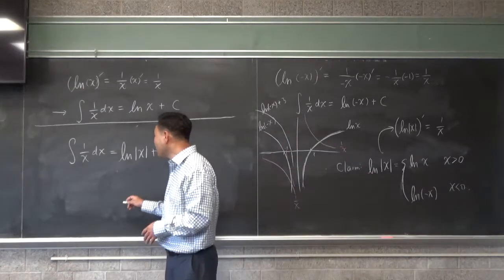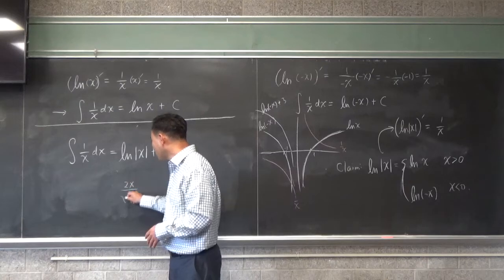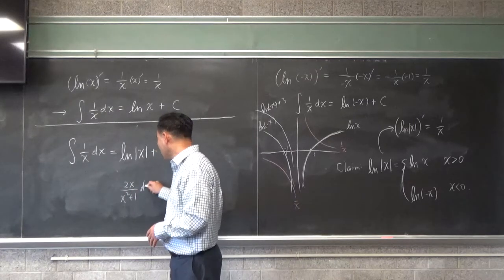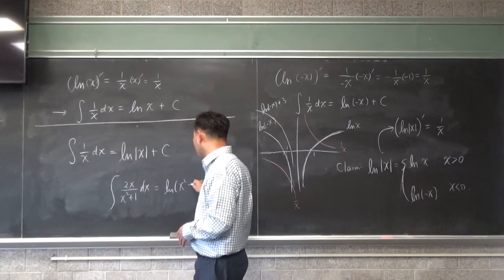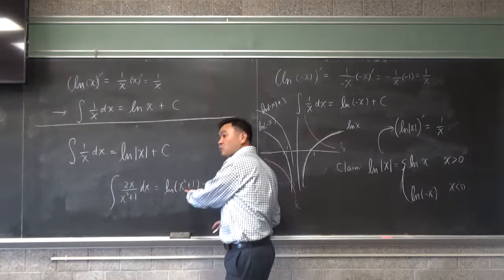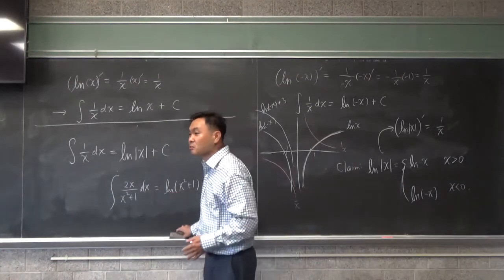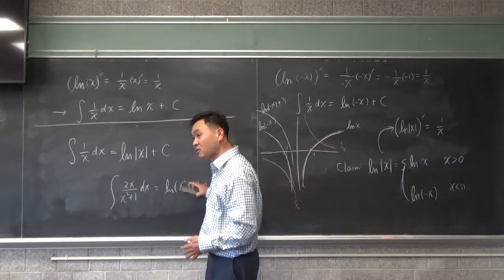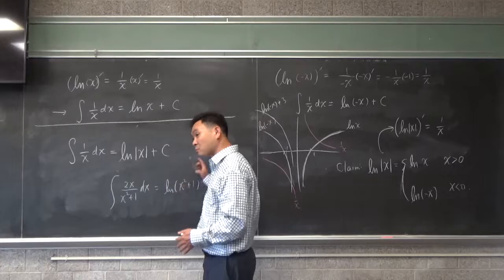Like, we haven't learned how to integrate this, but you'll see that if you integrate this, it's ln of x squared plus 1 plus c. Here you don't need the absolute value because x squared plus 1 is always positive, right? So there are some exceptions like this, but anytime you see that this can fall to negative, then you have to account for it by putting in the absolute value.